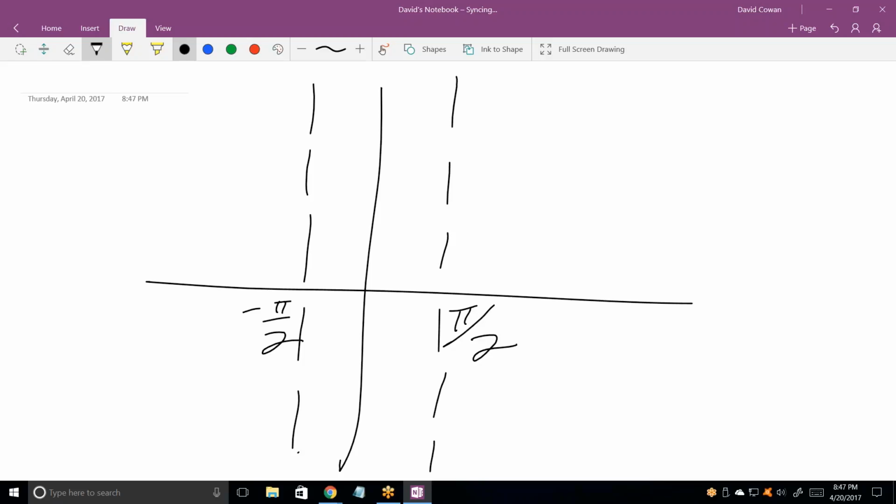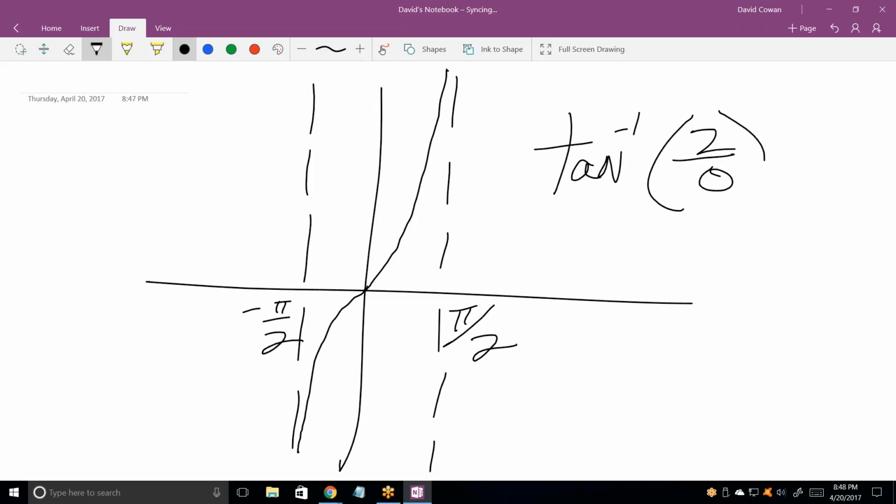And the tan curve goes from negative infinity through 0 to positive infinity. So we take tangents of angles to get ratios, and we take inverse tangents of ratios to get angles. So what's wrong with taking the inverse tan of this ratio? That does give us the angle pi over 2. Or if I had negative 2 divided by 0, that would give me the answer minus pi over 2.